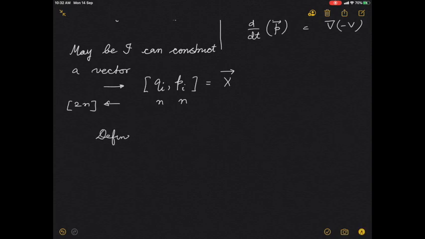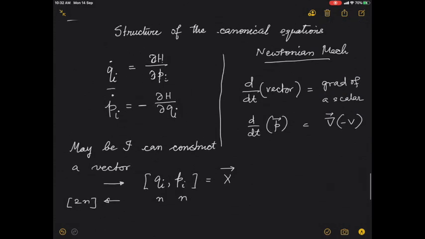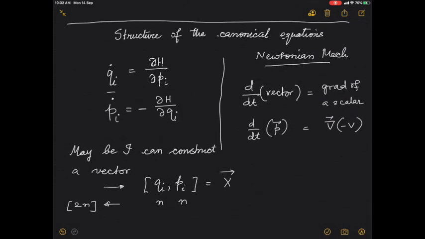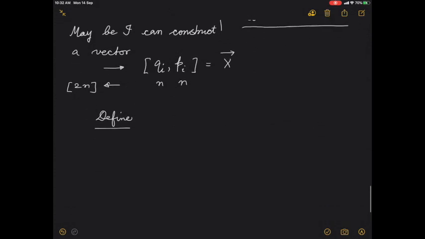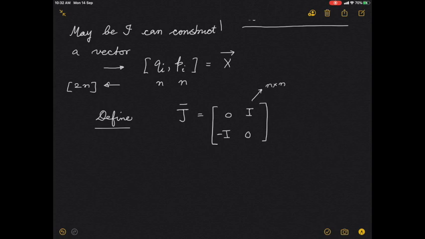So let's define, so we are fixing things. Our aim is to write the canonical equations in this form, and we'll see that something beautiful will happen once we can do that. So let us define some matrix J which is 0 here, identity matrix here, minus identity here, and then 0 here. These are n cross n blocks.